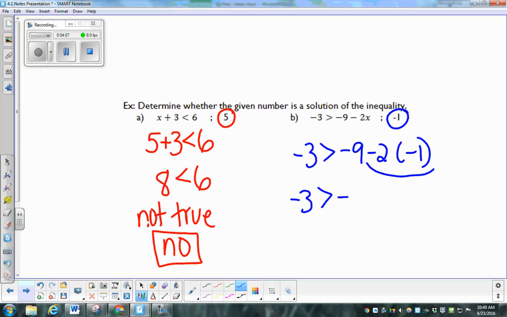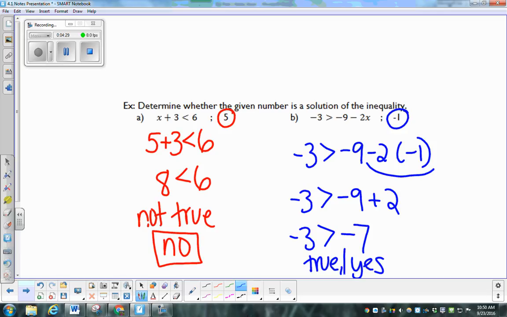That's +2. So I've got -9 plus 2. And then right here, -9 plus 2 is -7. So this is saying -3 is greater than -7. Well, that's true. -3 is greater than -7. That's true. So our answer to this is yes. -1 is a solution to that inequality.